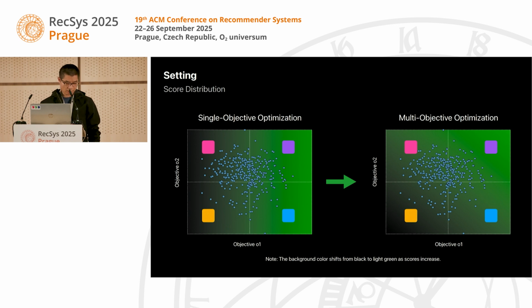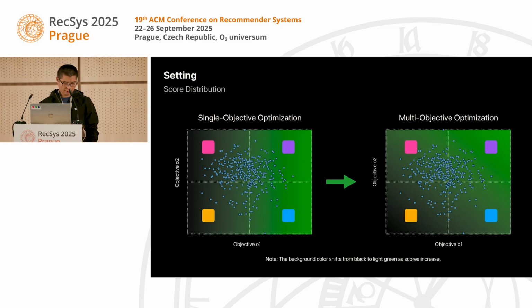Now let's use the background color to visualize the score distribution, where the lighter green indicates a higher score. On the left-hand side is a score distribution for single objective optimization, only on O1. A high score is given to the items with a high O1 value, regardless of the value for O2.